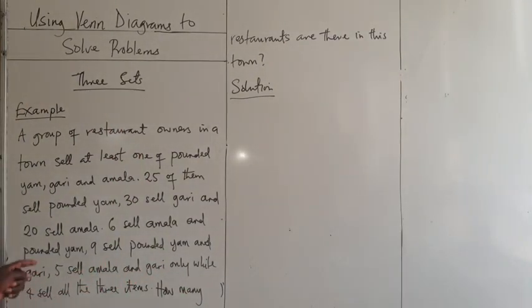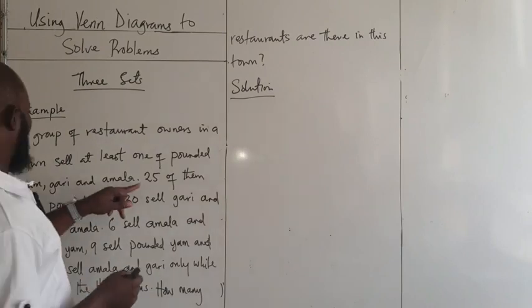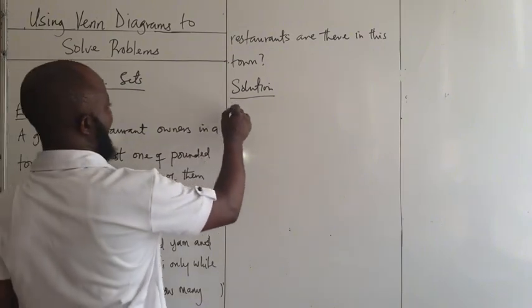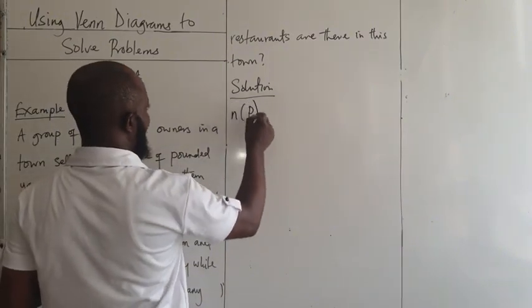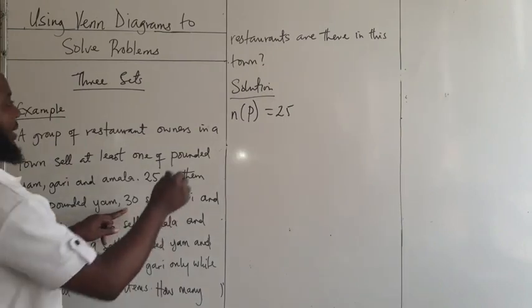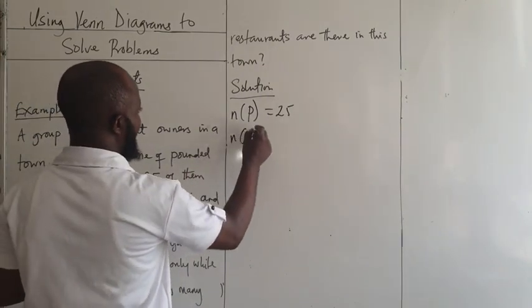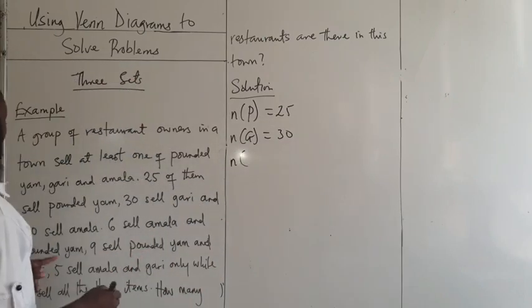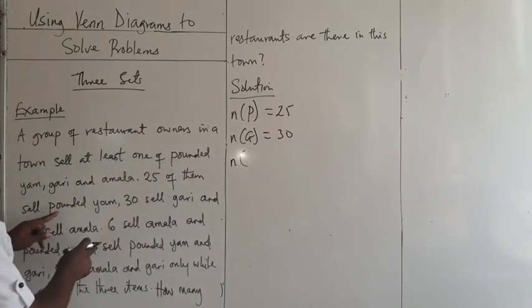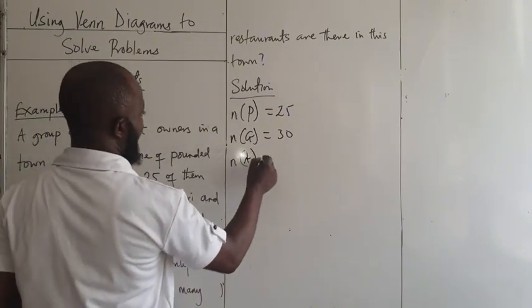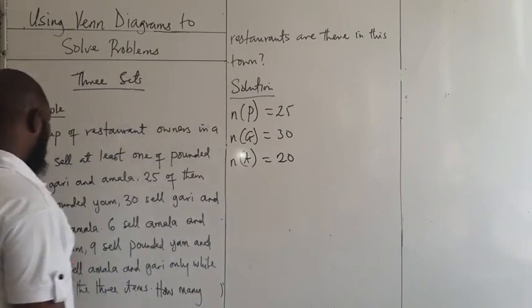So we have 25 of them sell pounded yam, so let the number of pounded yam be 25. 30 sell gari, so the number of gari is 30. And 20 sell amala, so the number of amala is 20.